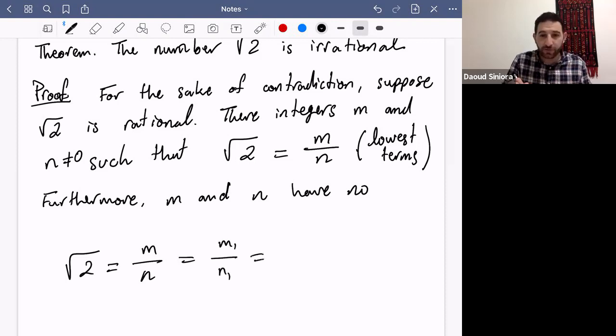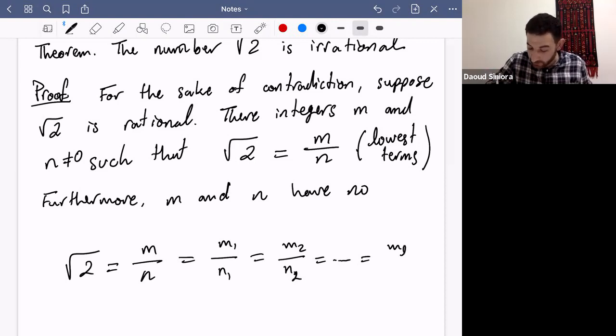Say we still have common divisors between m1 and n1. We keep dividing until we stop, say, at some l-th step, so ml over nl, and these only have 1 as a positive common divisor.